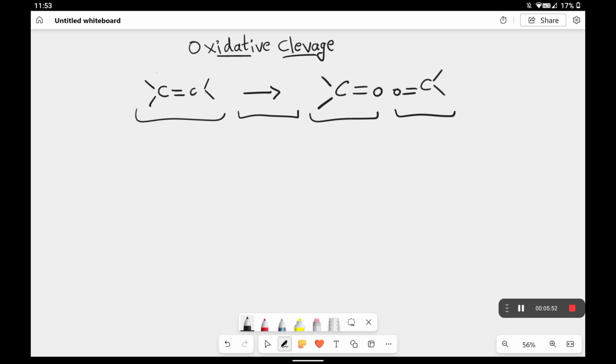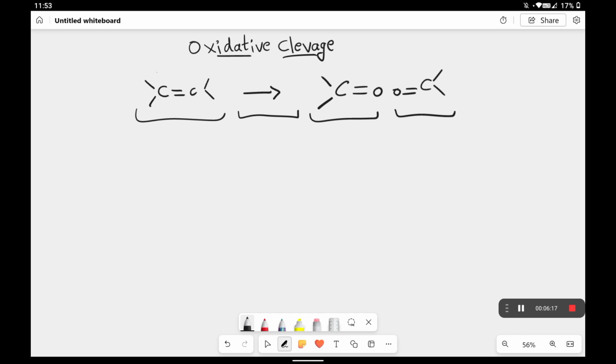To perform the oxidative cleavage, you have to remember this point. To do a particular reaction, there are many reagents available. For example, for oxidation, organic reagents and inorganic reagents are available, like H2O2.